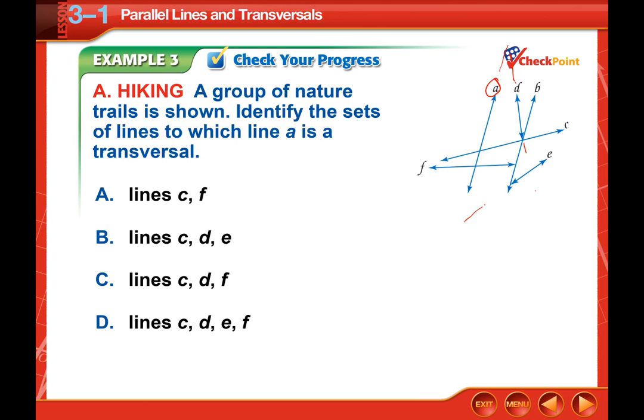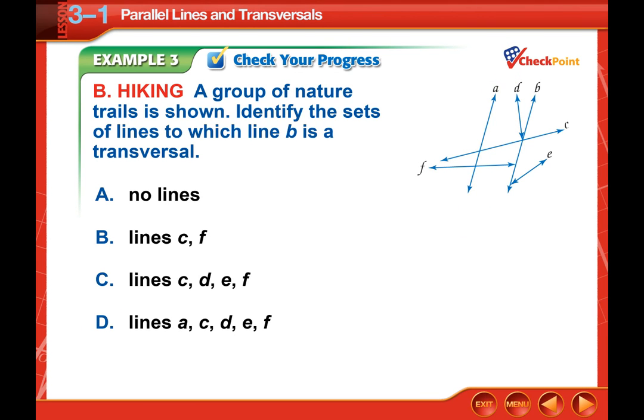I think there's possibilities for that. This is a transversal for all 4 lines C, F, D, and E. Remember that lines, rather than line segments, are continuous and will travel on in the direction that is given.